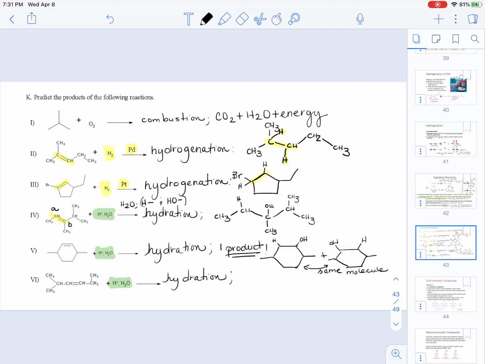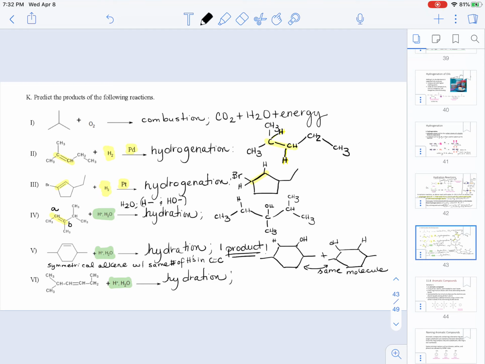And that only happens with alkenes that have symmetry. The last case, let me just make a note. This is a symmetrical alkene with the same number of hydrogens in the carbon-carbon double bond.